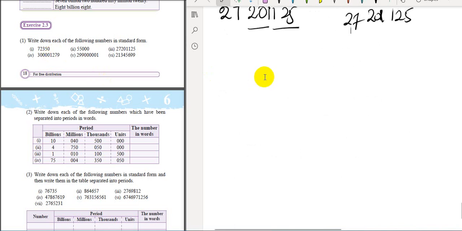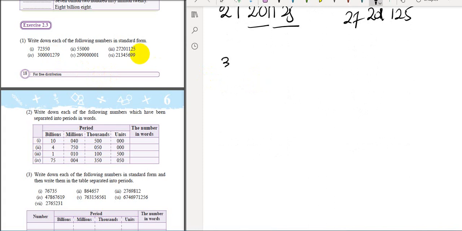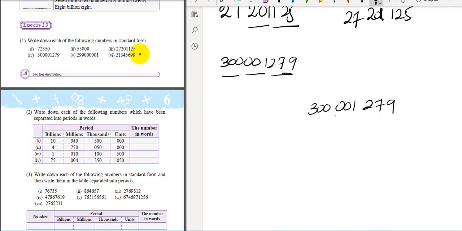So third one, how to write this one? 3, how many zeros? 1 2 3 4. 1 2 7 9. This 3 2 7 9, and this 3 0 0 0 0 1, and this 3 300. Okay.